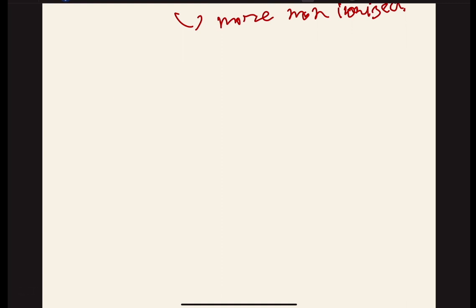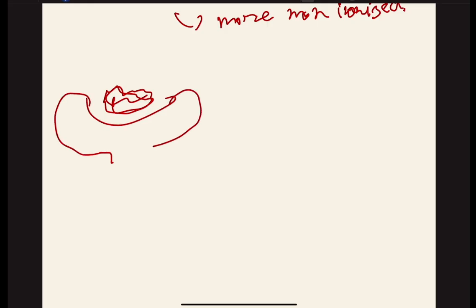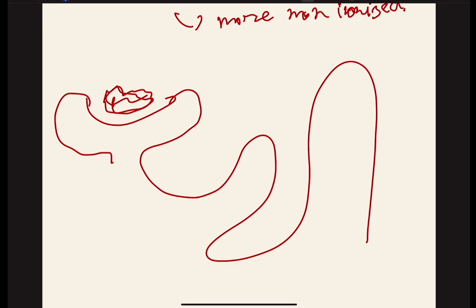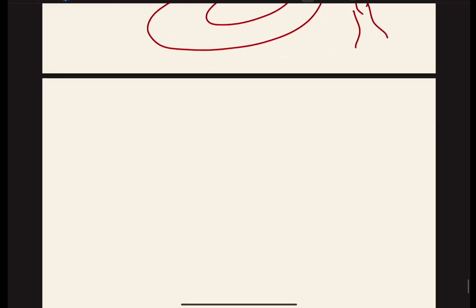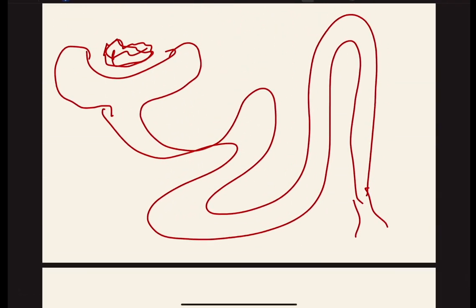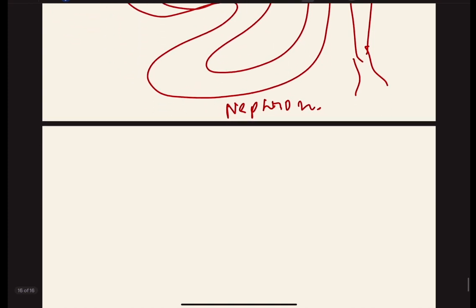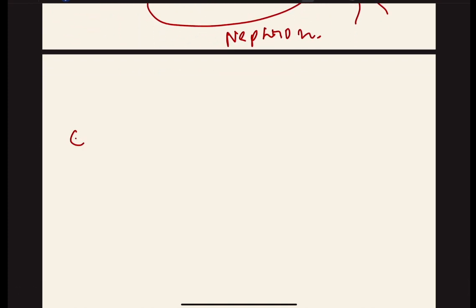If you come to the renal system, you have seen the glomerulus and the nephron. I haven't drawn the real nephron, but let's assume that it's a nephron. How can you make the urine acidic?